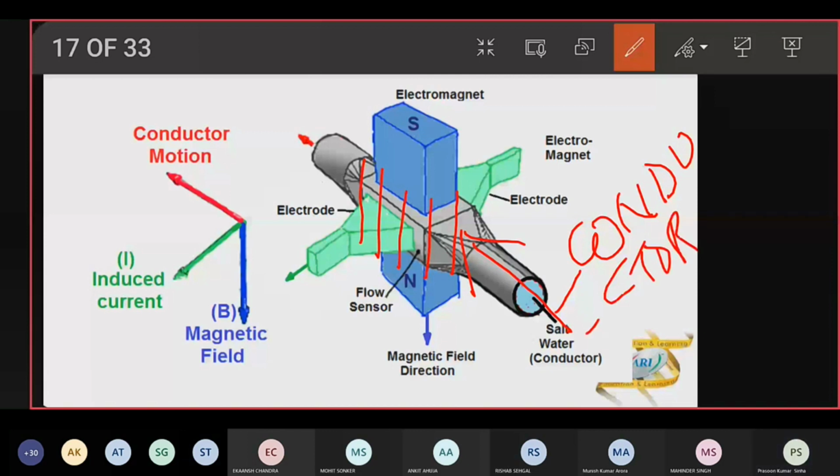So now here is a magnetic field through which a conductor is passing. The conductor is moving, so of course in the water there will be a current produced. EMF will be there. अगर बाहर की चीजें connected हैं, if the two ends of the water are short circuited by a circuit, then there will be a current.